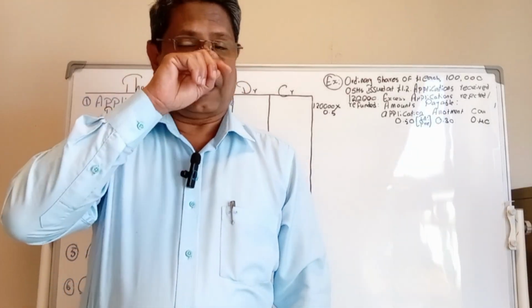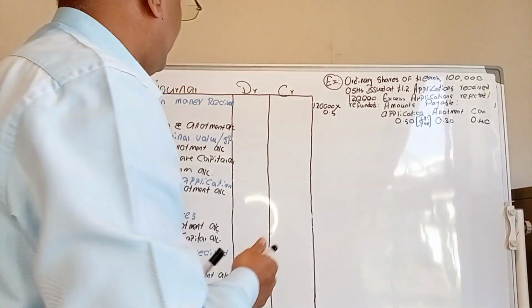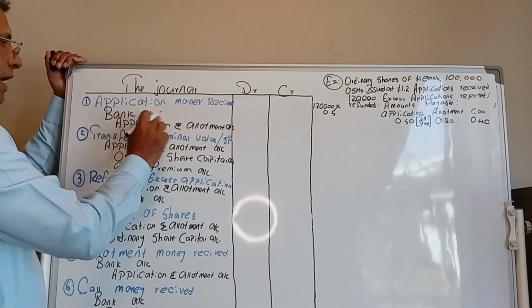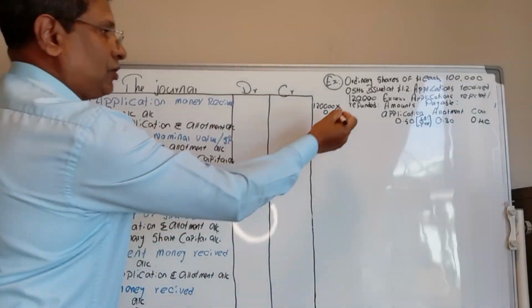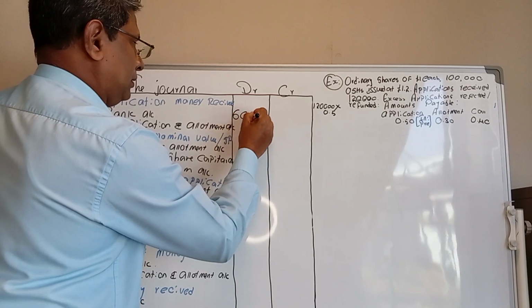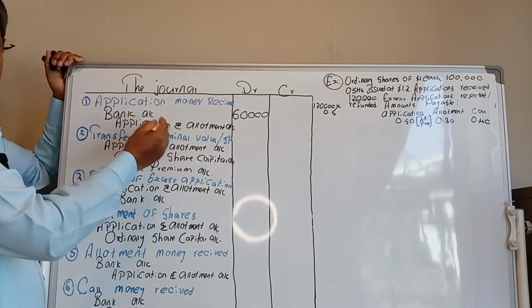There will be a cash inflow. When there's a cash inflow, your bank is going to be debited. So the application money received will be bank account debit by 120,000 times 0.5, that will be 60,000. We are getting the application money.